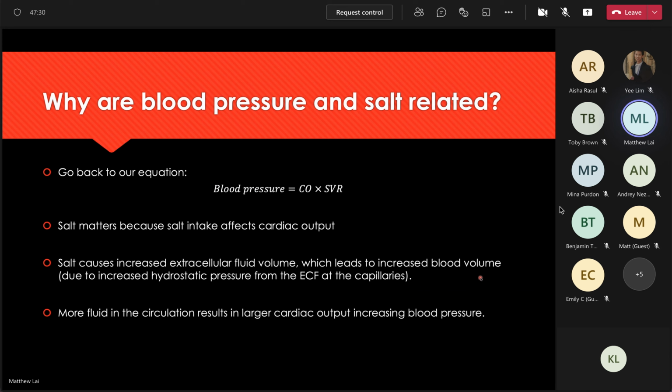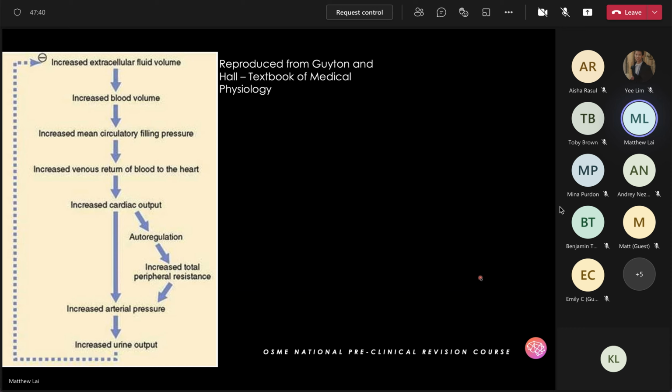And so, as we remember from Guyton's curves, we have more blood in the system. This increases mean circulatory filling pressure. So it increases cardiac output. And this is from Guyton and Hall. It sums up what I've just said.